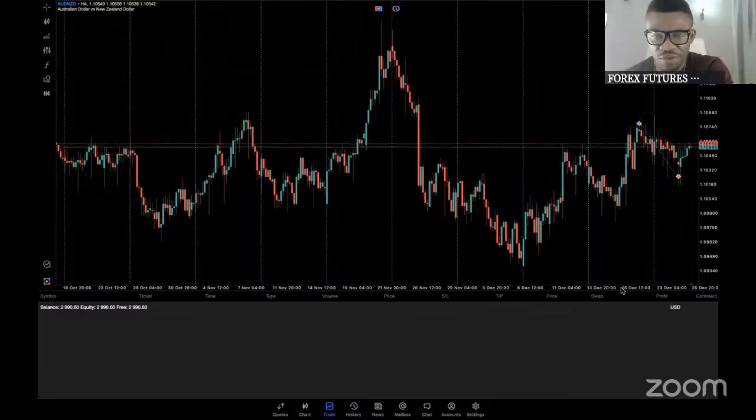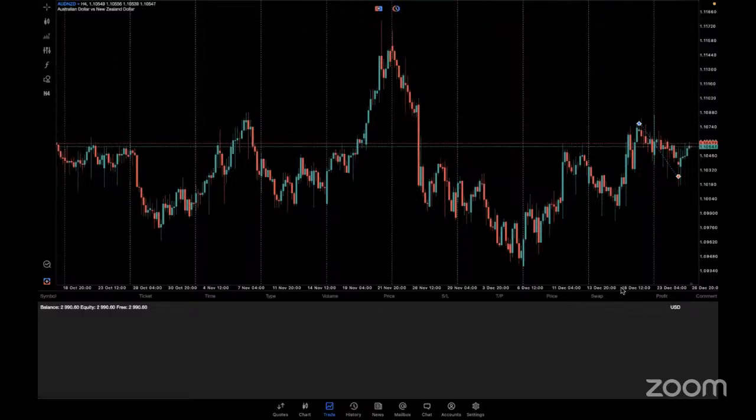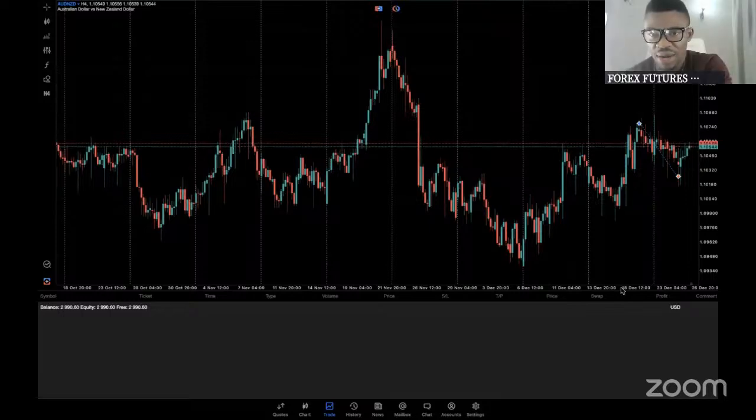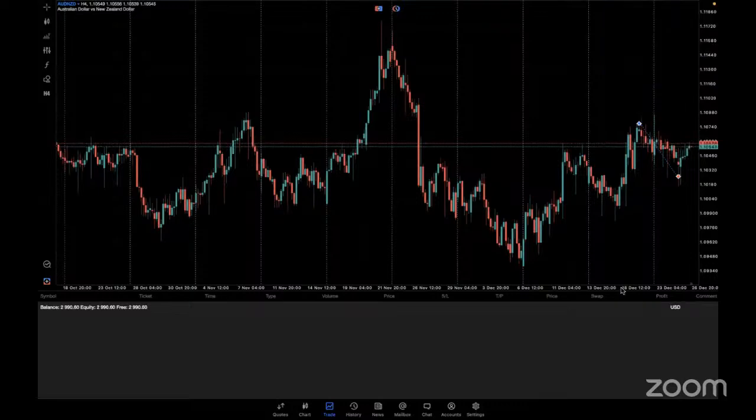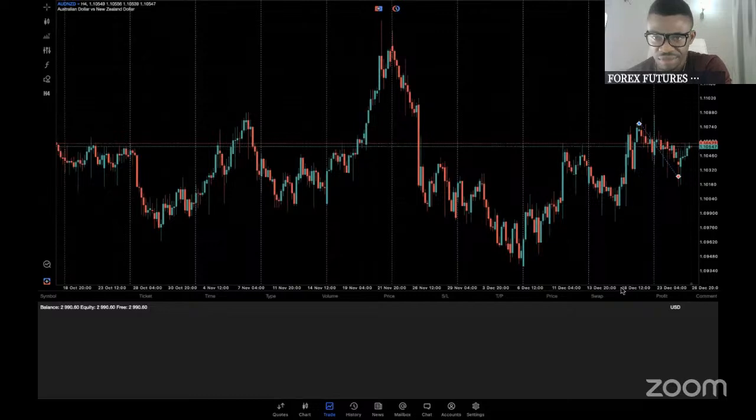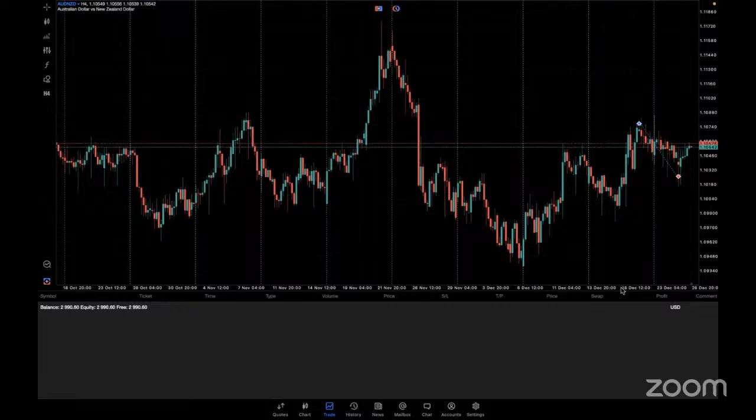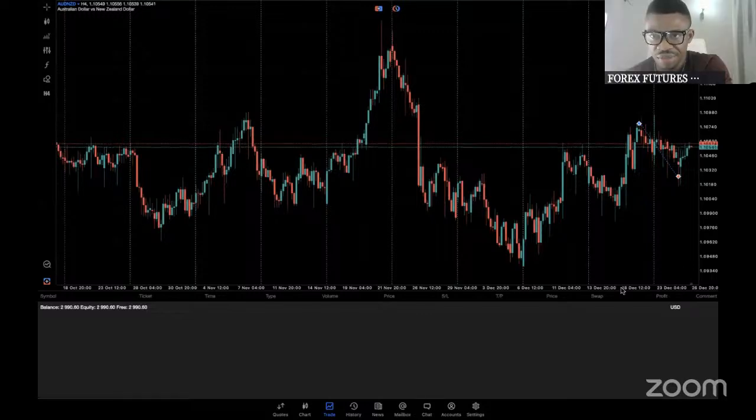It is nothing different from what we have on the MT5 or MT4, only that the platform varies and then the way it's executed also varies. If you remember one of our classes where we were discussing how to open a trade, you can also remember that we took this particular trade on AUD NZD on MT5, and we showed you how to open a trade.